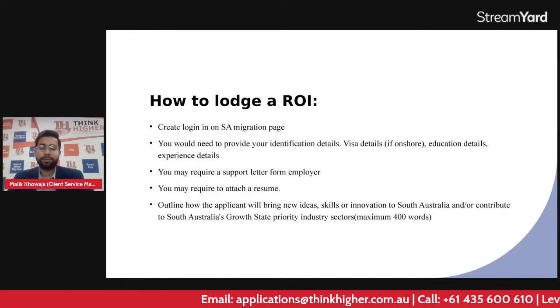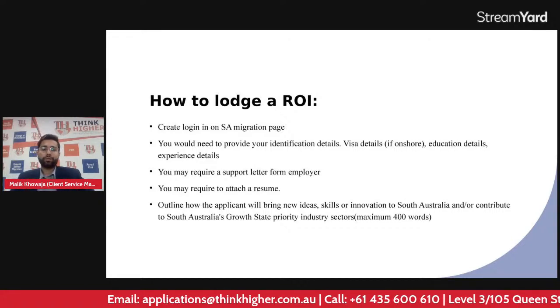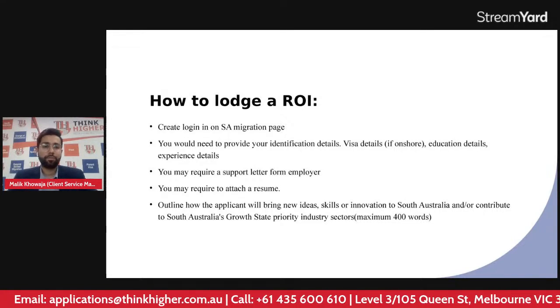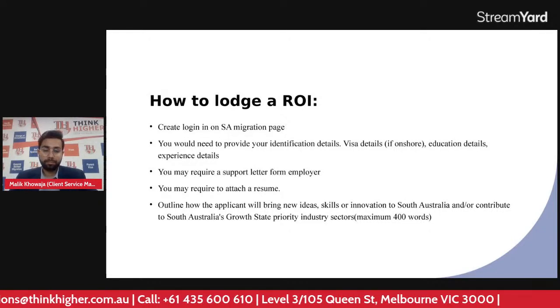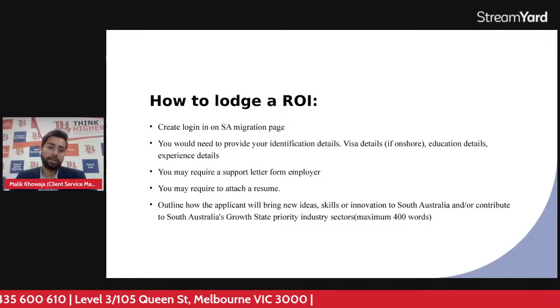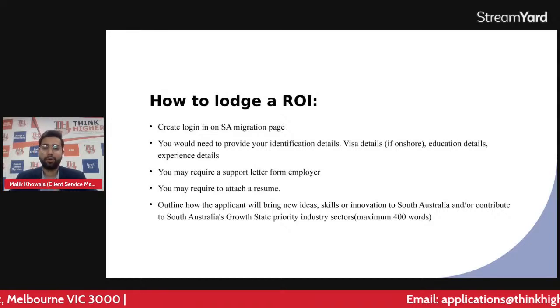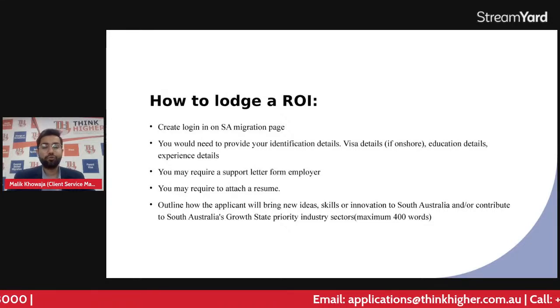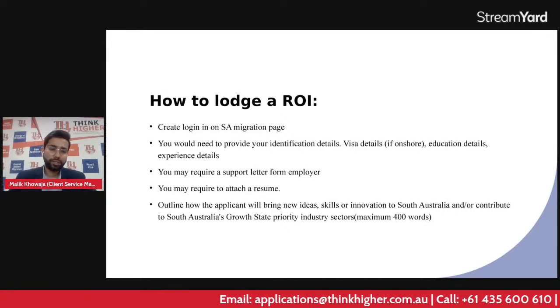Next, you may be required to submit a support letter from the employer. This is important. The support letter part we already covered in the previous streams, so you can go back to our live session and check those requirements. You may also be required to attach your resume.